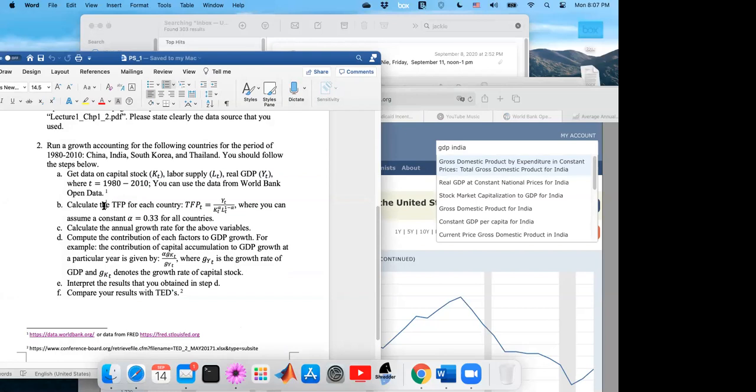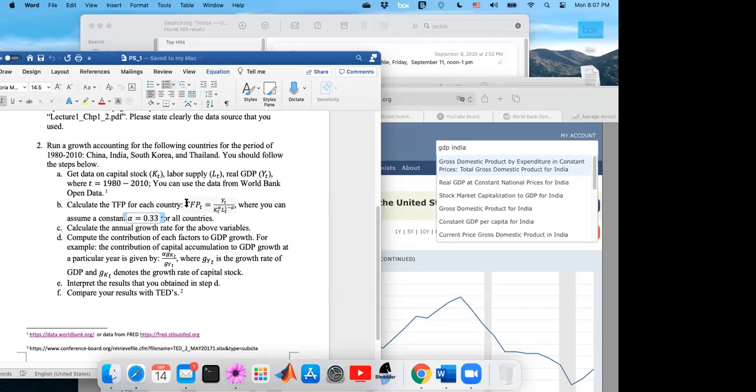Now B, how are we going to get B? Essentially you just follow this formula, because you have Y from the first step, K from here, L from here. You know alpha.